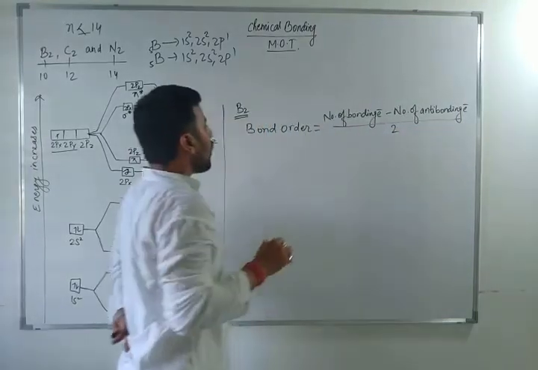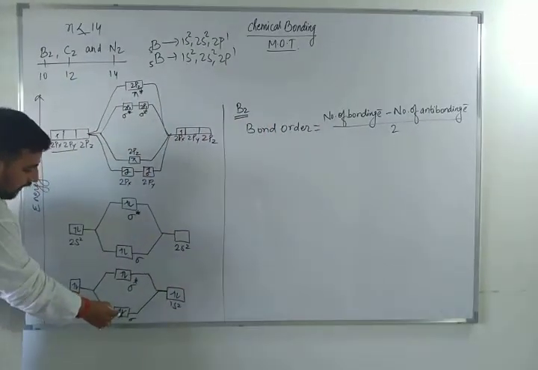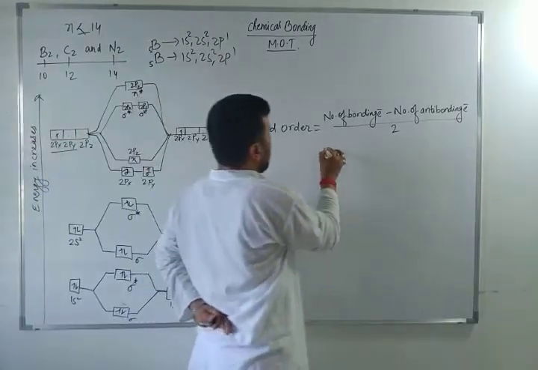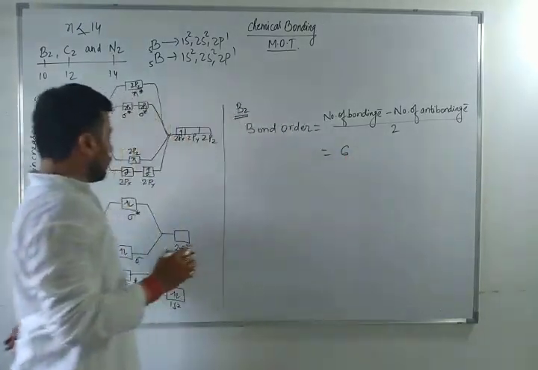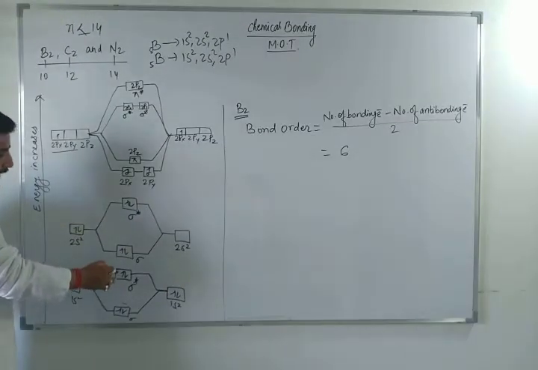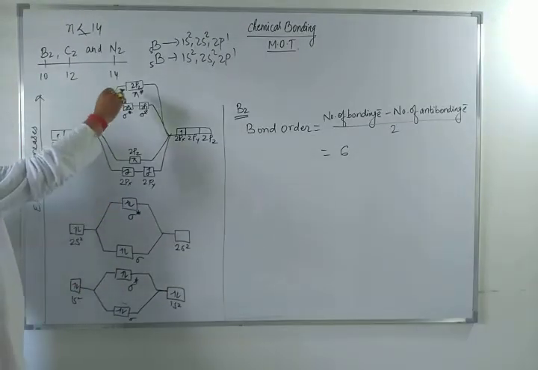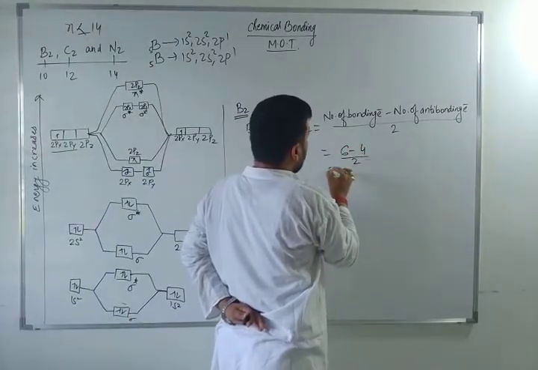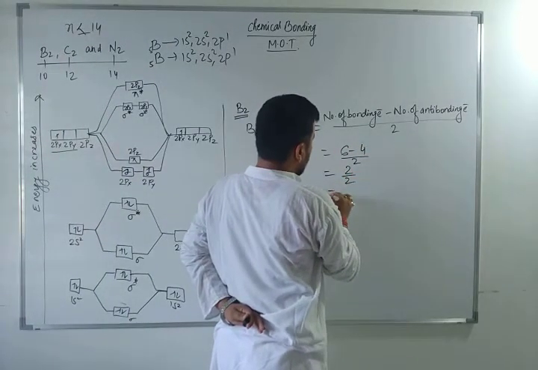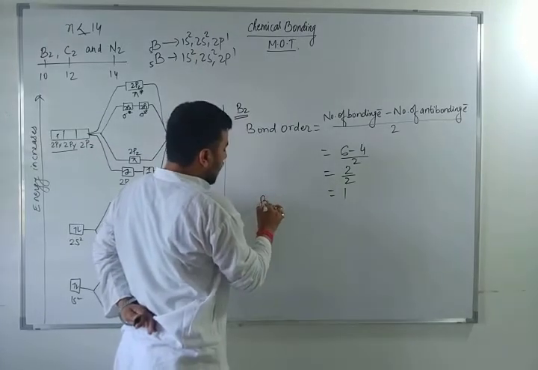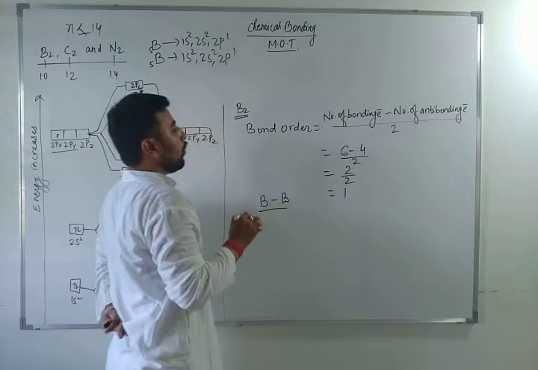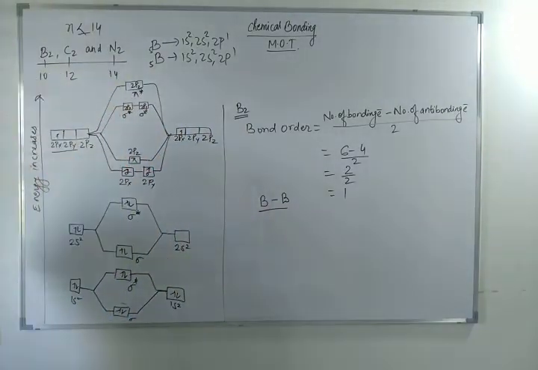You count the bonding electrons: sigma here 2, here 2, 2 to 4, and 2 more is 6. The number of bonding electrons is 6. And the number of anti-bonding electrons is 2 here, 2 here, and 0 here. So 6 minus 4 upon 2 is 2 upon 2, which is equal to 1. So between boron and boron, there will be a single bond.